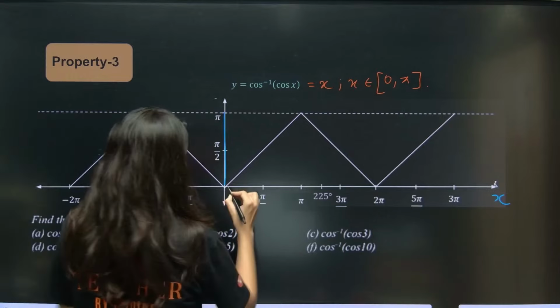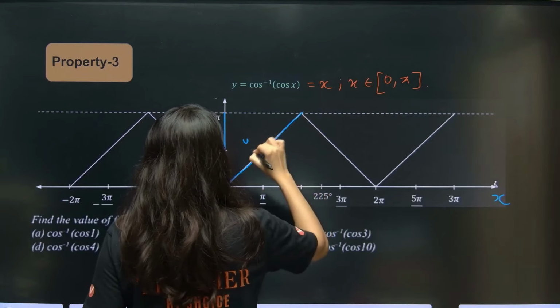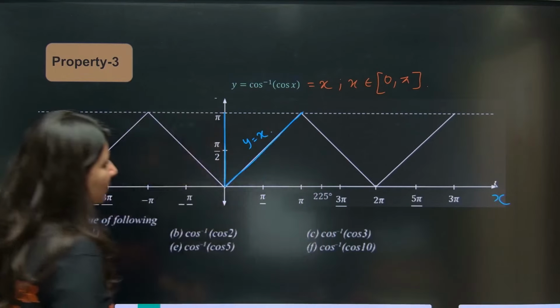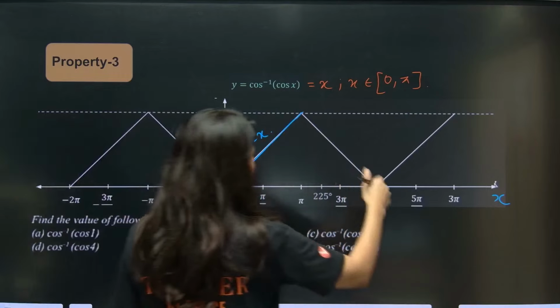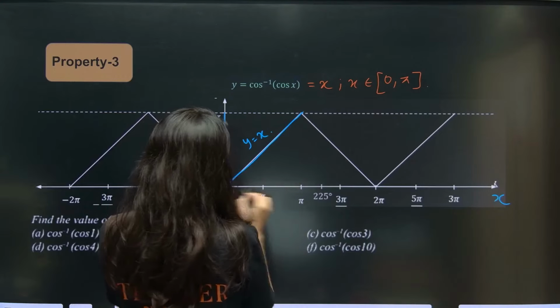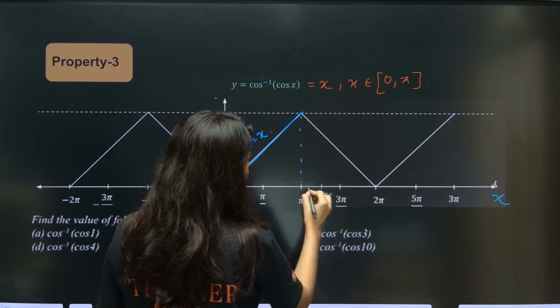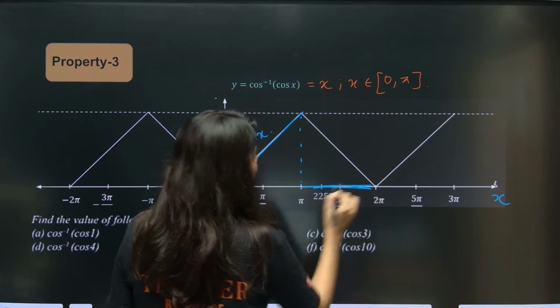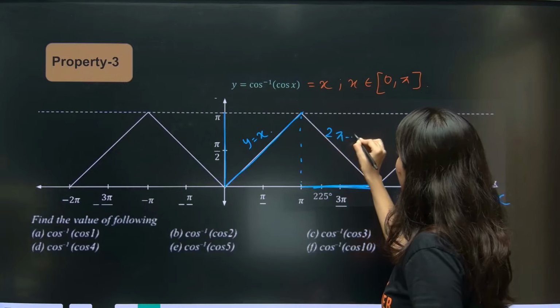Now 0 to pi. If your input is 0 to pi, then this is also the y is equal to x line. Now understand this line. Next, first and second quadrant. Now second and third quadrant. Second and third quadrant will be what? 2 pi minus x.